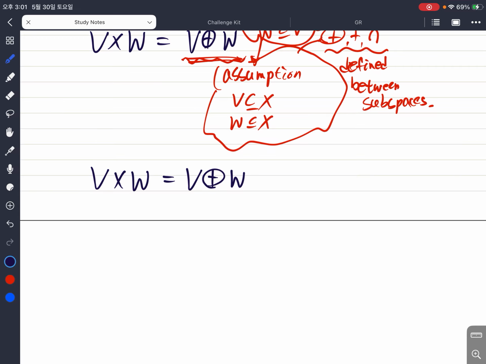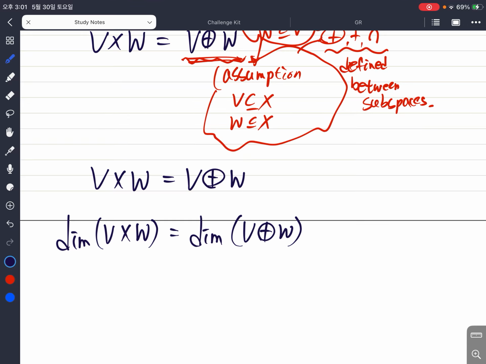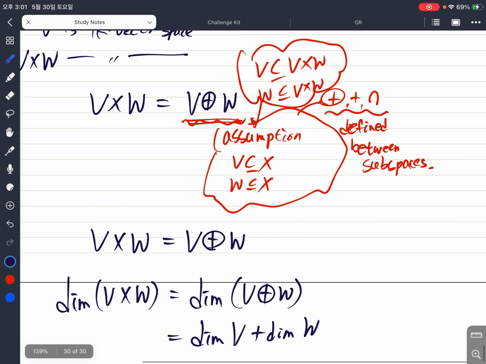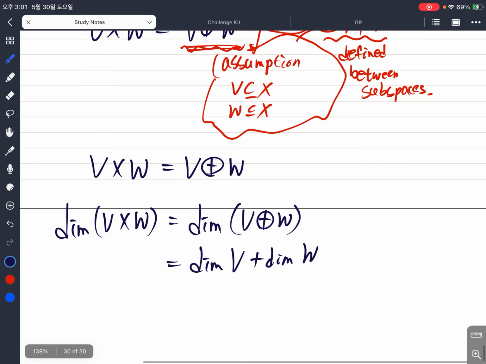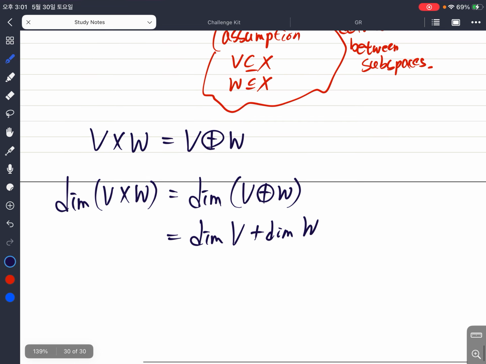Anyway, then we know the dimension of V times W. The dimension is the dimension of V direct sum W, and this is the dimension of V plus the dimension of W. So now we have a relation between the dimension of the Cartesian product and the dimension of each vector space.